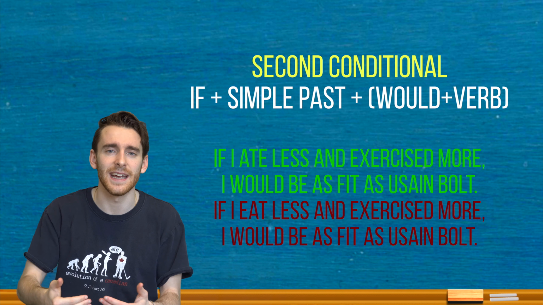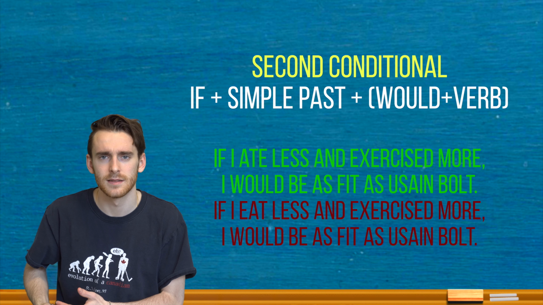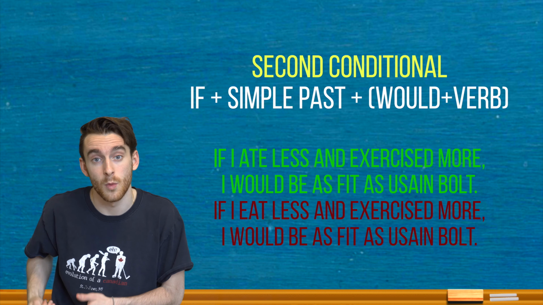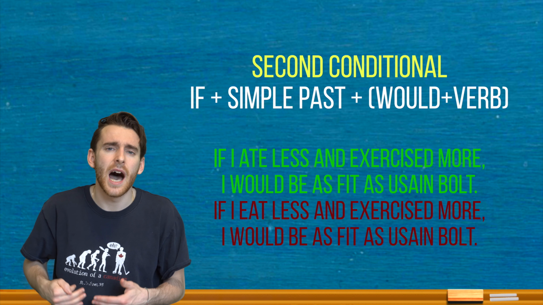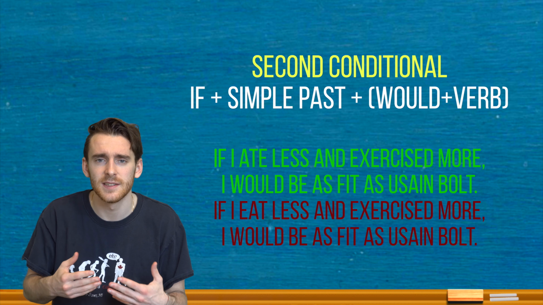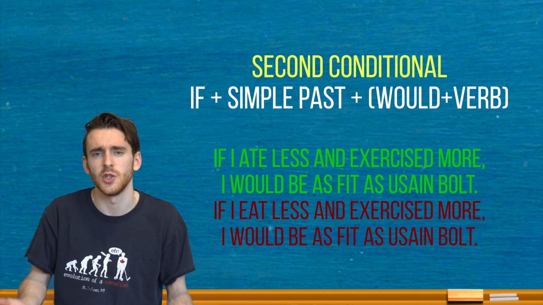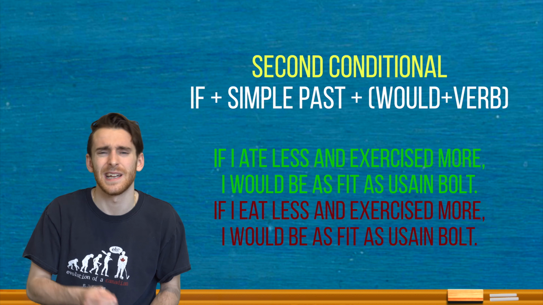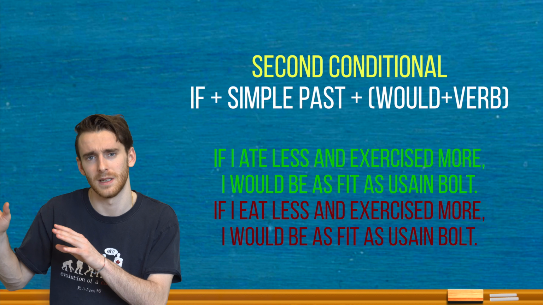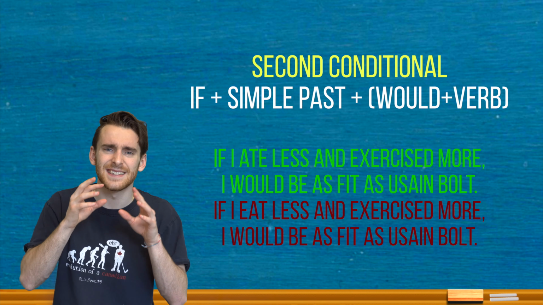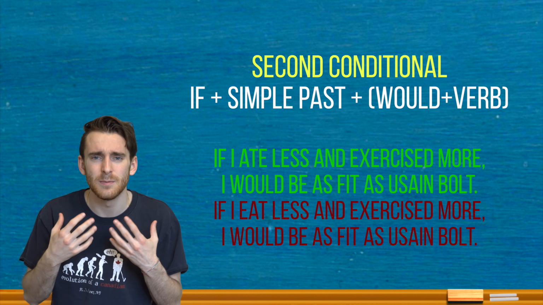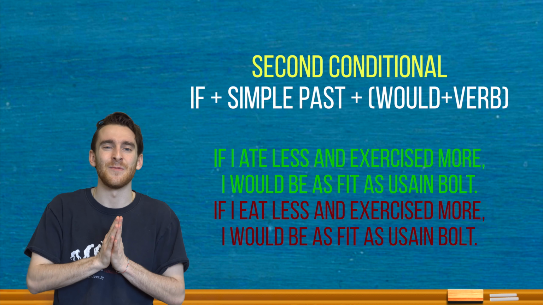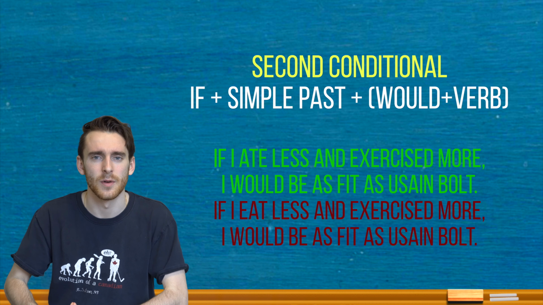An example of this is if I ate less and exercised more, I would be just as fit as Usain Bolt. Okay, that's a big if, okay, and I still don't think you'd be as fit as he is, but that's the if, right? It's a big condition that's hypothetical now.